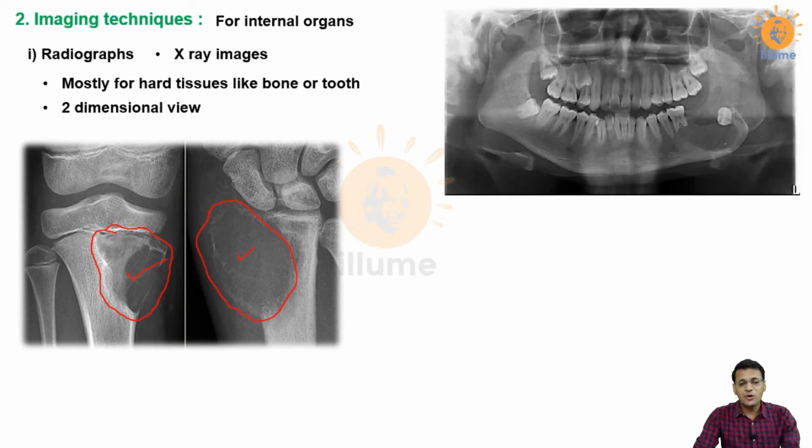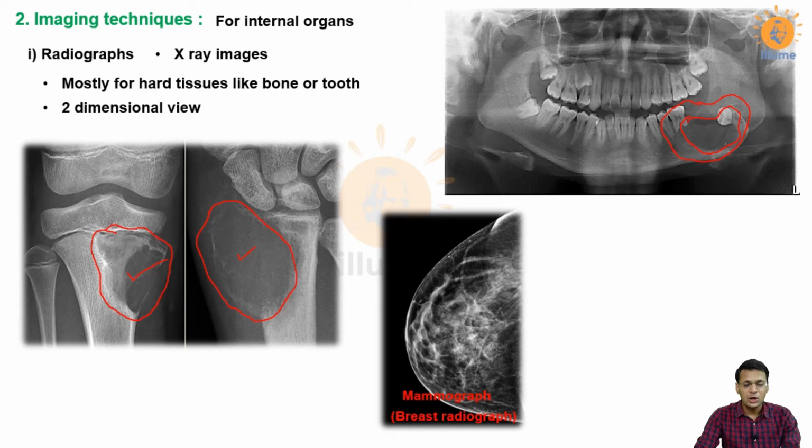A radiograph of the complete mouth is called an OPG, and in this OPG it is very clear that the lower third molar has not erupted completely, and there is a certain pathology associated with this lower third molar. That's how X-rays or radiographs are very useful.